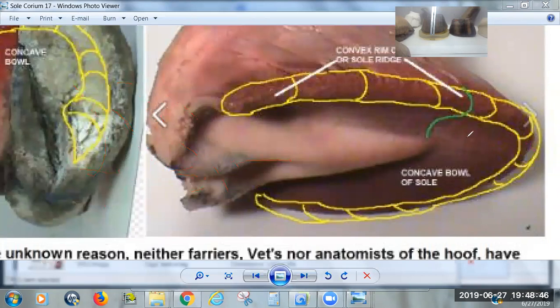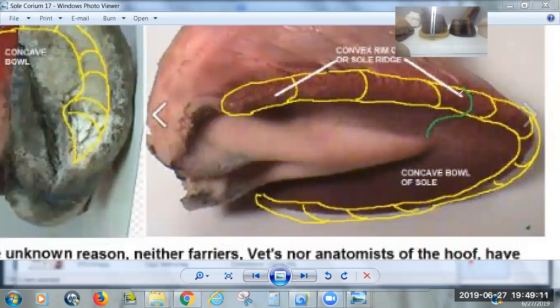But the sole is not concave. The sole is crescentric. Crescentric means that it is both convex and concave. Okay? So around the rim, now the rim of the coffin bone's in here. That's where you got that ski tip, right?